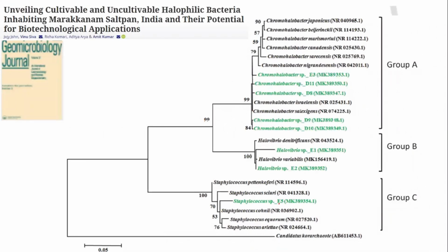So in here you can see that we have got one Staphylococcus species, we have got two Halobibrio species, and then we have got close to 6 Chromohalobacter species, and all are sharing some common ancestor in the past, right? And then finally you have archaea taken as an outgroup. Why do we take this?